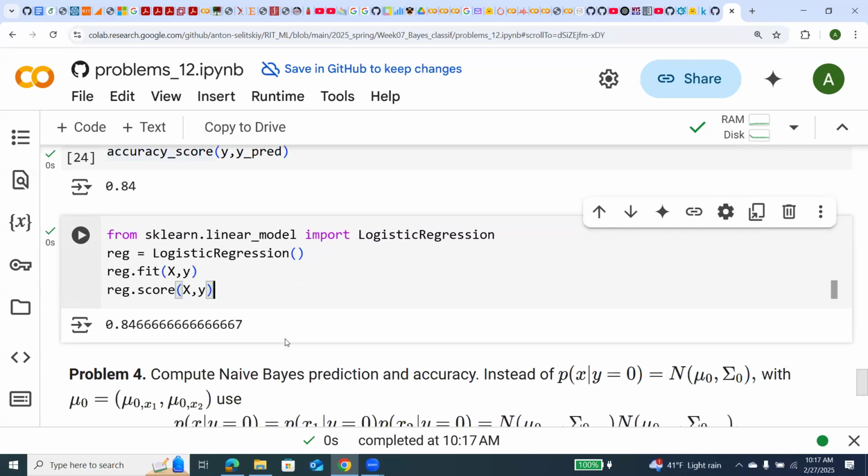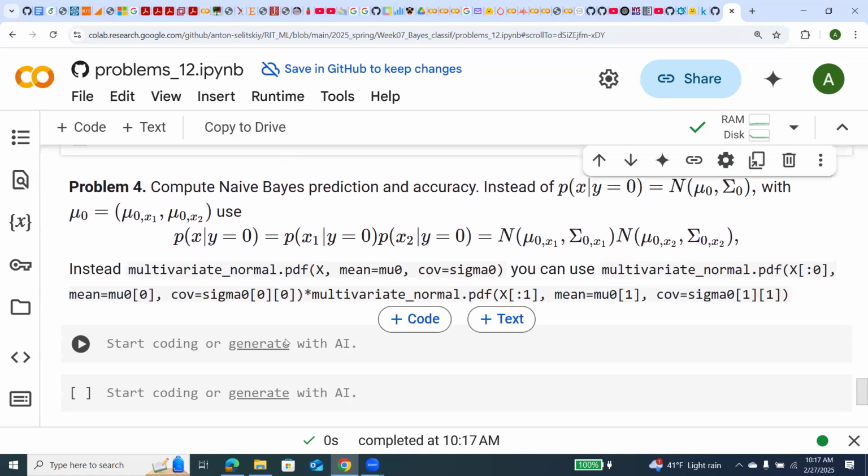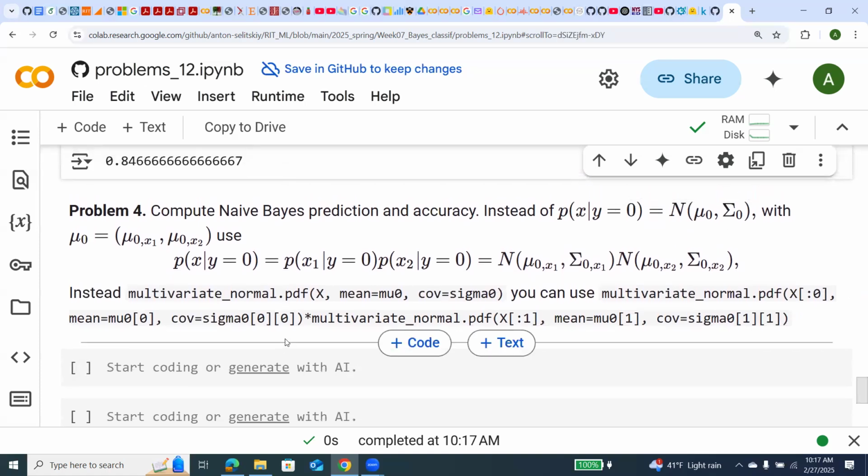So now let's look at the naive Bayes approach. In the naive Bayes approach, we assume that the coordinates are independent. So instead of learning the joint probability on x1 and x2, we will only calculate the probability for one coordinate x1 and the probability for another coordinate x2 and take the product.